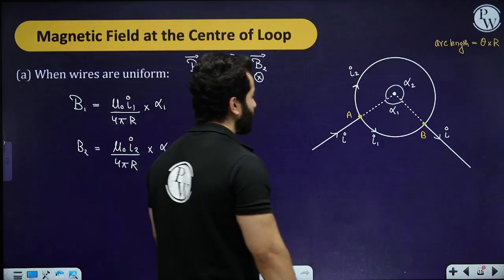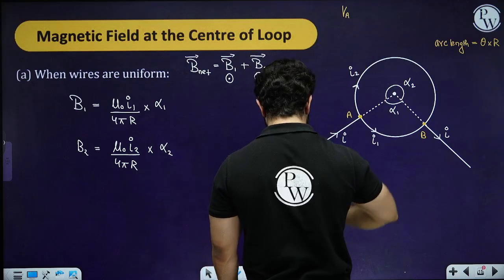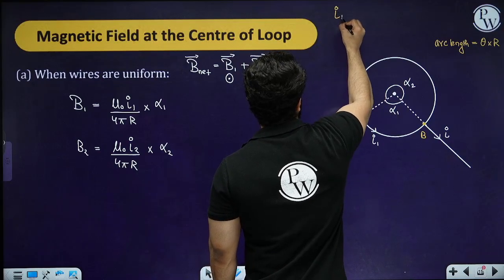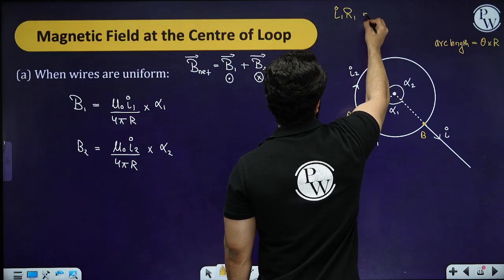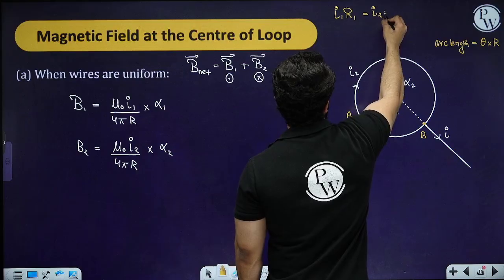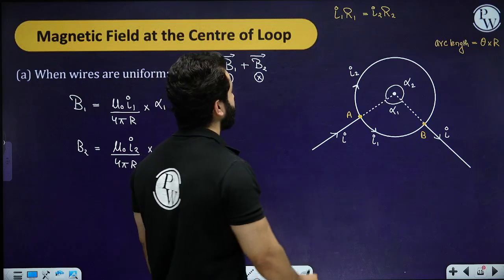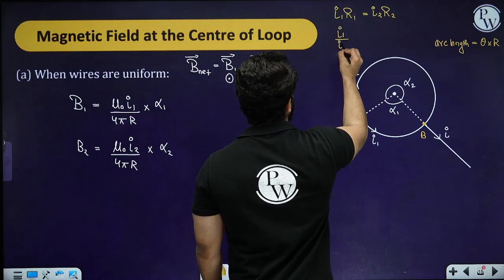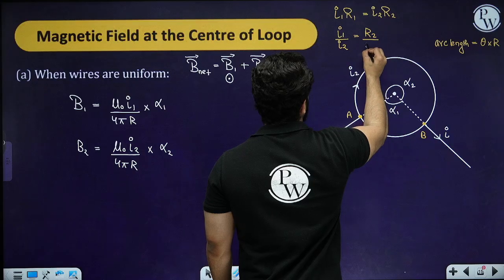So what we are going to say now is that VA is actually I1 times R1, which equals I2 times R2. This R1 and R2 are the resistances, not the radius. These are the resistances, right? So I1 upon I2 will actually equal R2 upon R1.